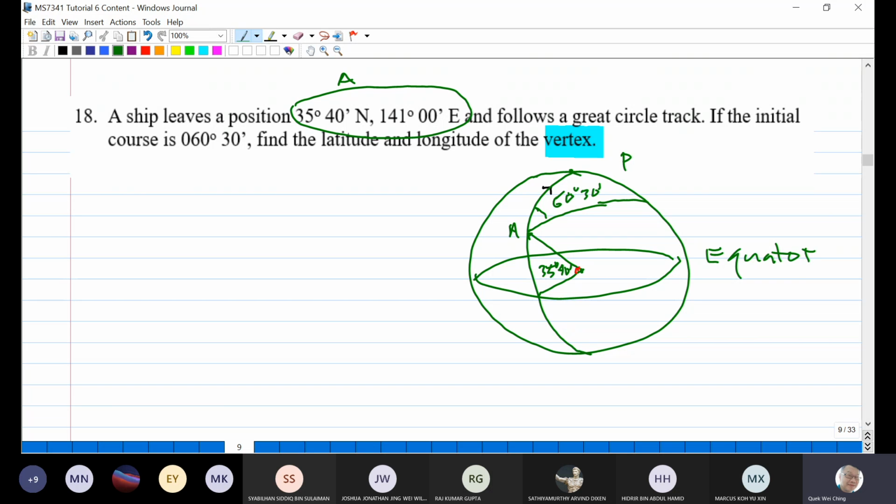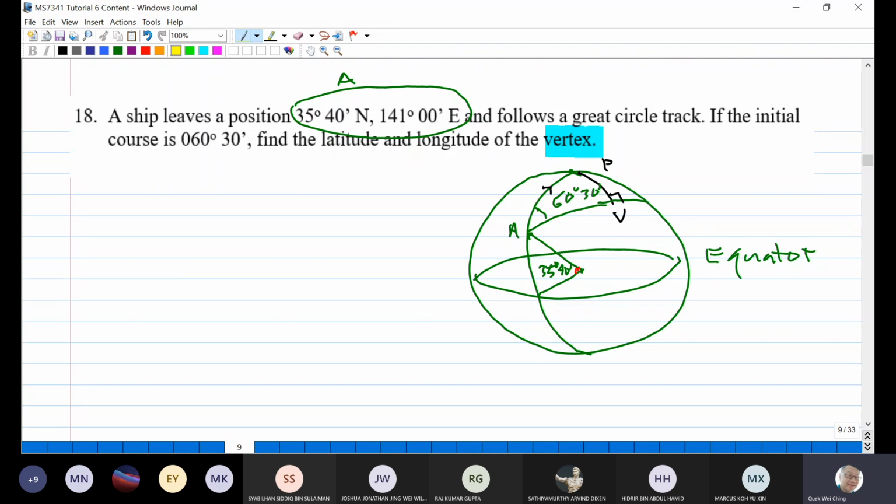The vertex is the nearest point to the North Pole, so somewhere here is the North vertex. I just draw the vertex here. P is the North Pole here. The question we want to ask is, what is the longitude and latitude of the vertex?